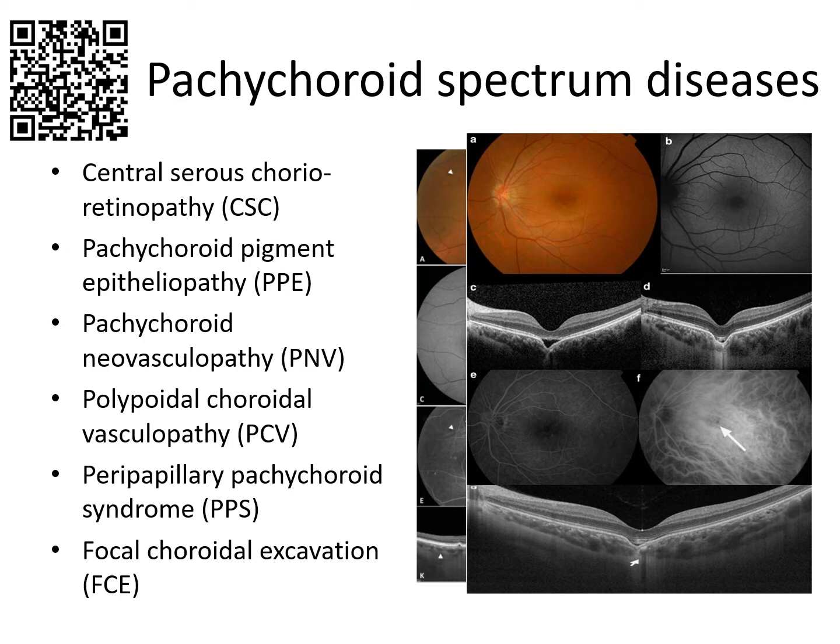So this is supposed to be the healed stage of any of the above diseases of this spectrum. So these 6 diseases are presently considered part of the pachychoroid spectrum diseases.